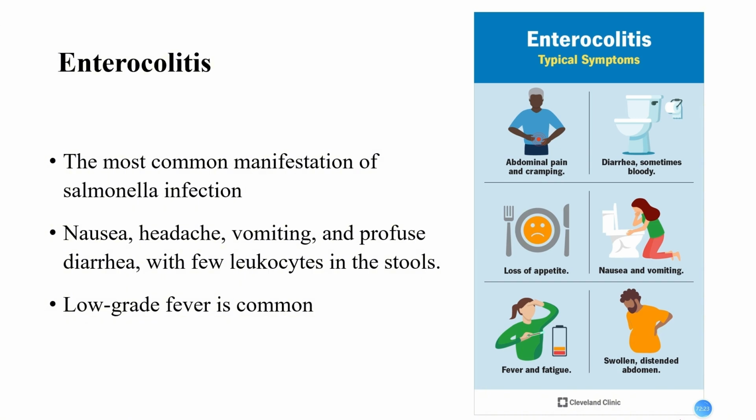So that's a colon inflammation. That's the most common disease of Salmonella infection. Symptoms of enterocolitis include abdominal pain, diarrhea, nausea and vomiting, low fever, or a swollen and distended abdomen.